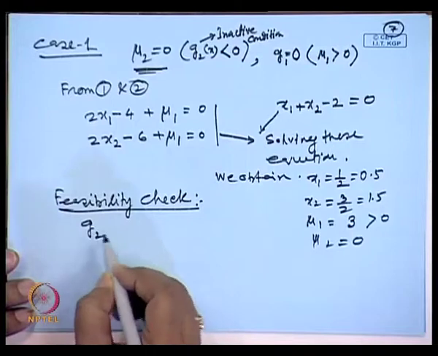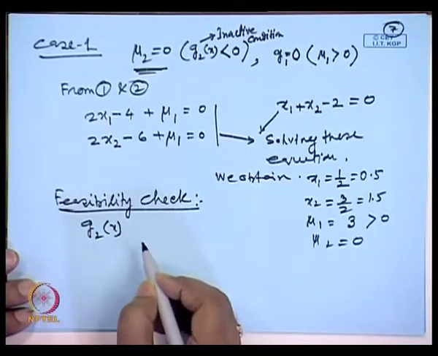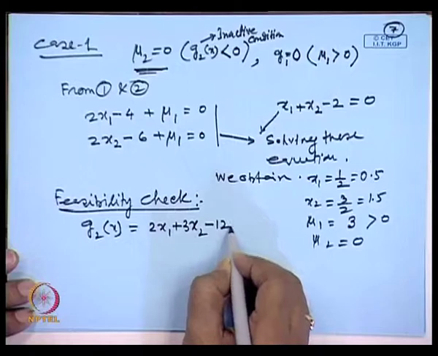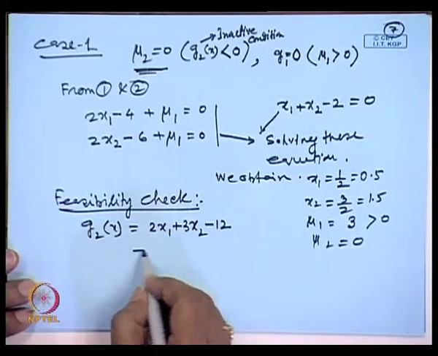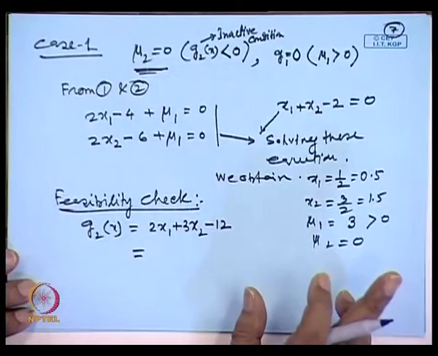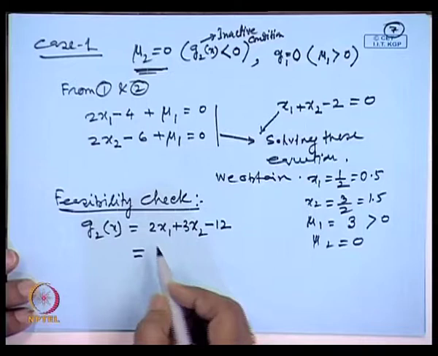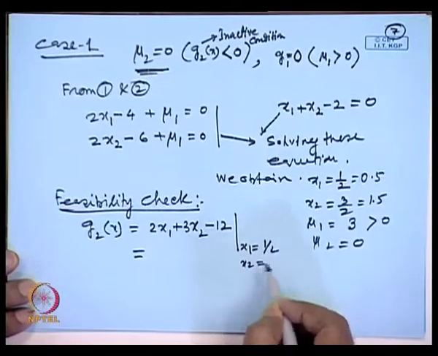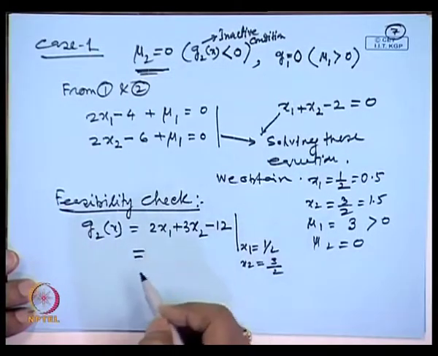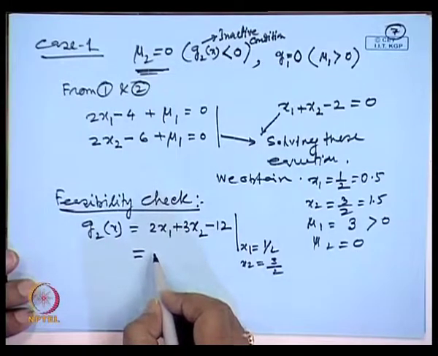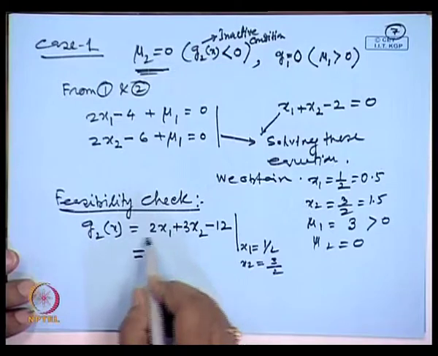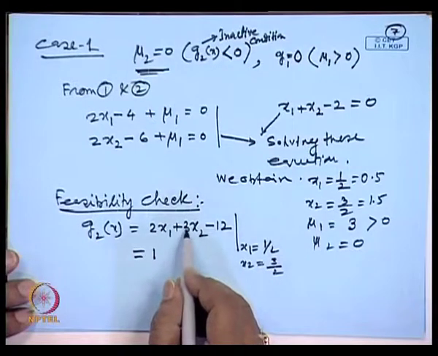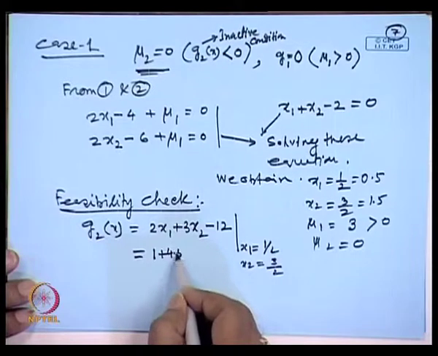We have to check g 2 of x, which is twice x 1 plus 3 x 2 minus 12. This condition must be satisfied, and our condition is less than or equal to 0. If you put the value of x 1 equal to half and x 2 equal to 3 by 2, we get 1 plus 9 by 2, which is 4.5, minus 12.